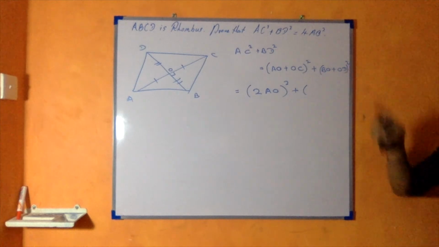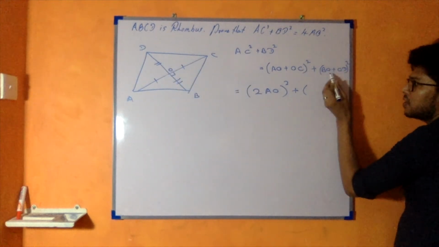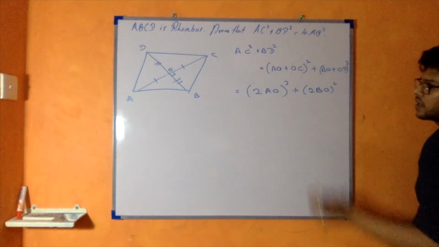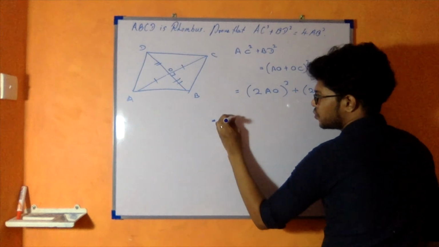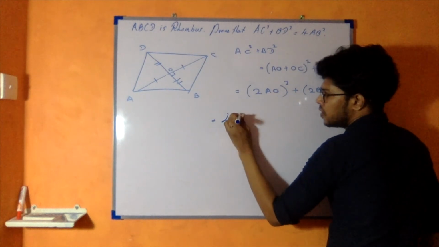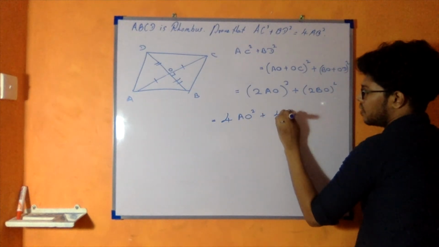So BO plus OD is equal to BO plus BO, which is 2BO, whole thing squared. Then you get 4AO squared plus 4BO squared.